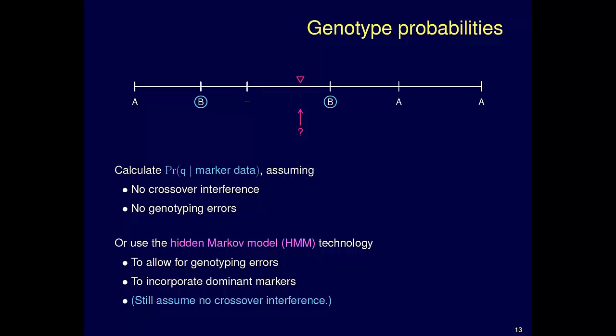The no crossover interference assumption is a very strong assumption. And of all the approximations we make in QTL mapping, it's maybe the most blatantly false, far from the truth. If you look at this data, I have a crossover here and a crossover here, recombination events in both the intervals around this.